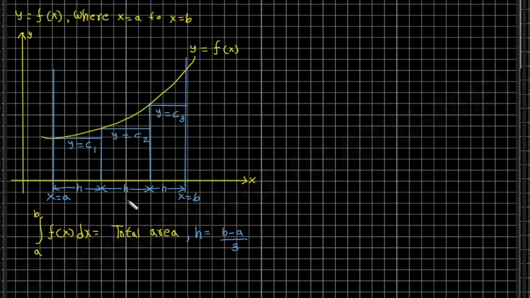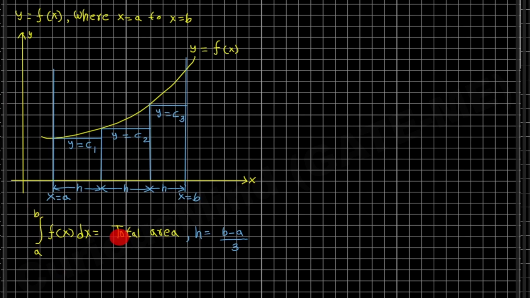On the other hand, the total area under this yellow curve between the limits x equal to a and x equal to b would result in the exact value of this definite integral from a to b.